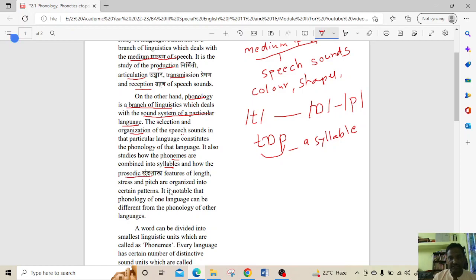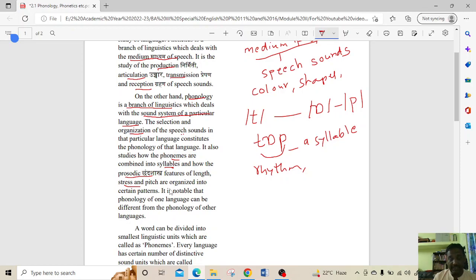It means Chanda Shastra, rhythm, rhyme, etc. All those things can come under prosody. How speech sounds are organized in a particular sentence. Sometimes our pitch is high.